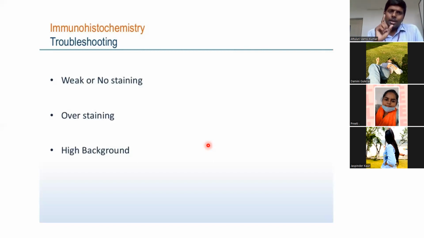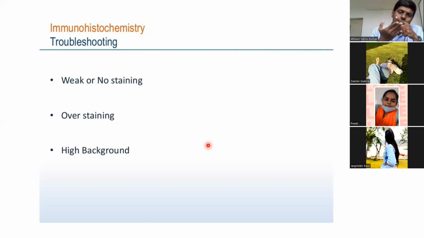We already know weak staining may happen due to our secondary antibodies conjugated with enzymes, right? These secondary antibodies are unable to bind to the antigen. That might be the reason for no staining or weak staining. My antibodies didn't bind. That might be one reason, right? Because of non-binding of antibodies, there is very little stain.